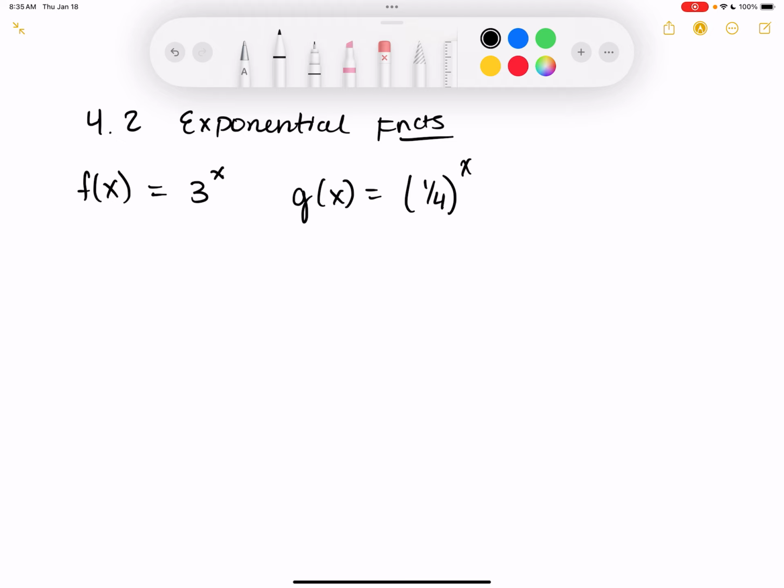So, let's start with 14. F of -3. So what that means is in this equation up here, anywhere there's an x, we're putting -3. So we're going to have 3 raised to the -3. Now, anyone remember what a negative exponent does?